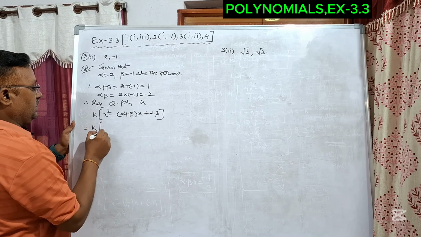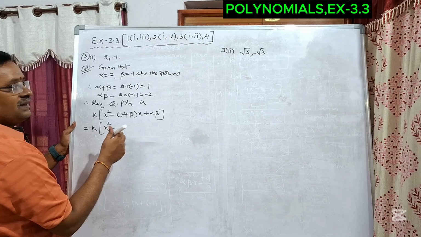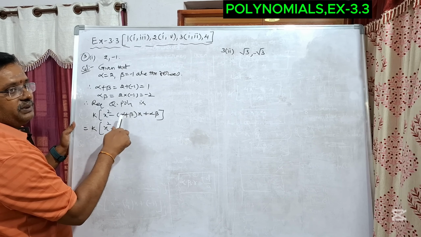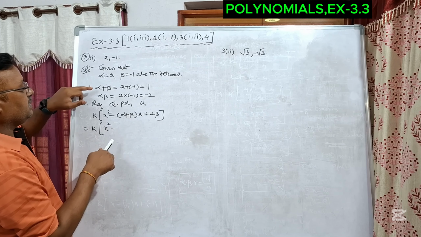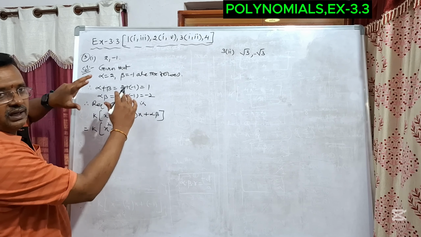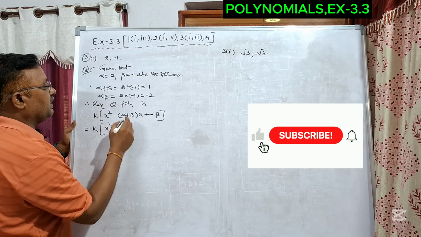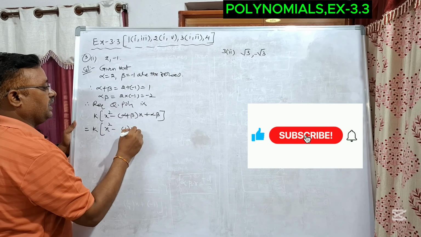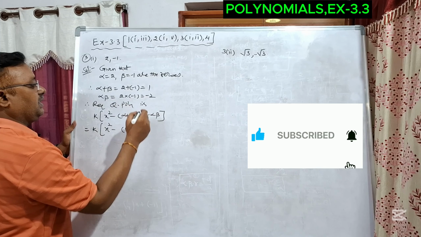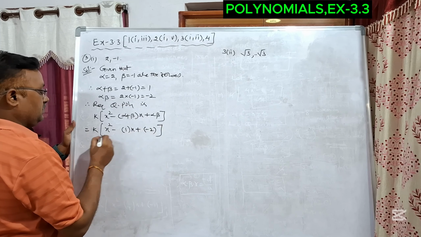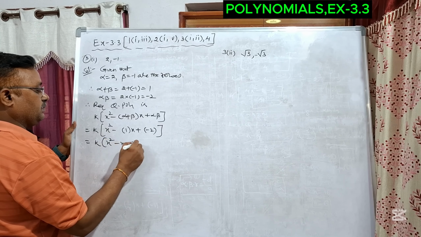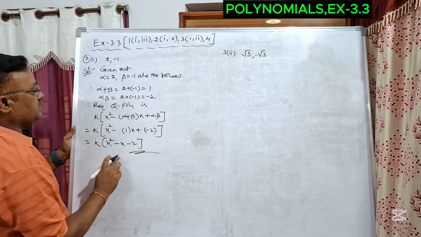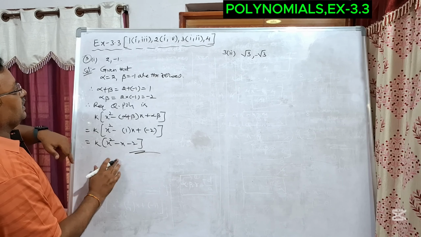This is equal to k into x square minus, as we already calculated the alpha plus beta value, 1 into x plus the alpha into beta value minus 2. This is equal to k into x square minus x minus 2. That's it. This is the required quadratic polynomial.